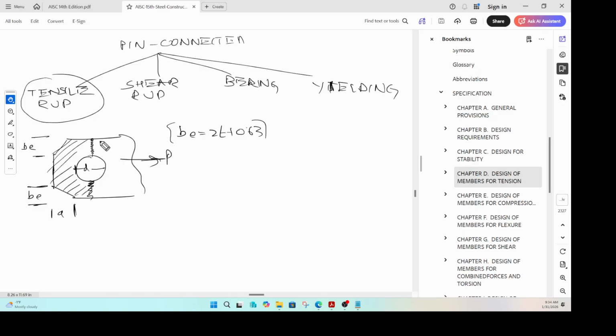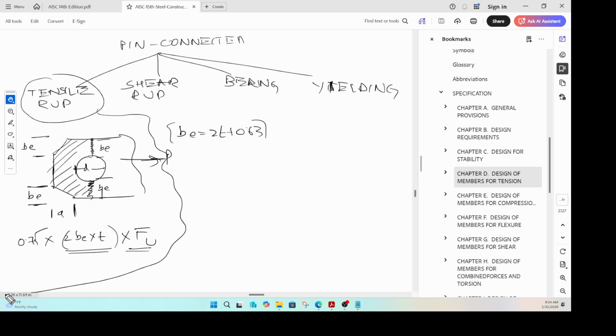We know that this is be, and we know that this is another be, correct? So the area is 2 times be times the thickness of the plate, right? That is the area, and because this is rupture, you multiply it with your rupture strength, right? But this is the nominal strength, and you multiply with your strength reduction factor to calculate your design rupture strength. Okay, so that is that.